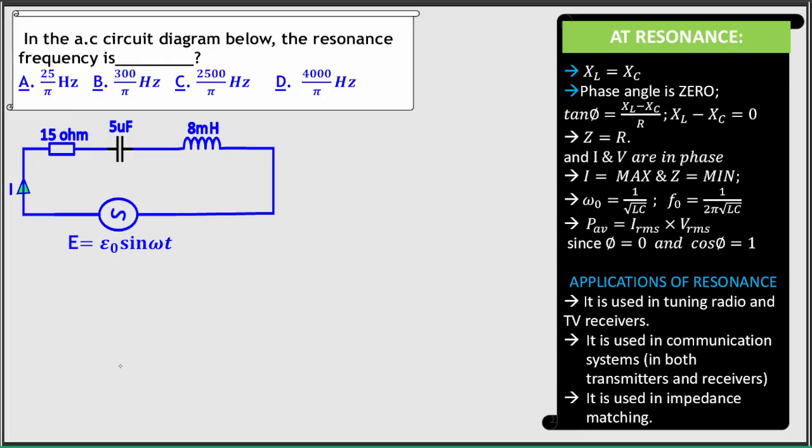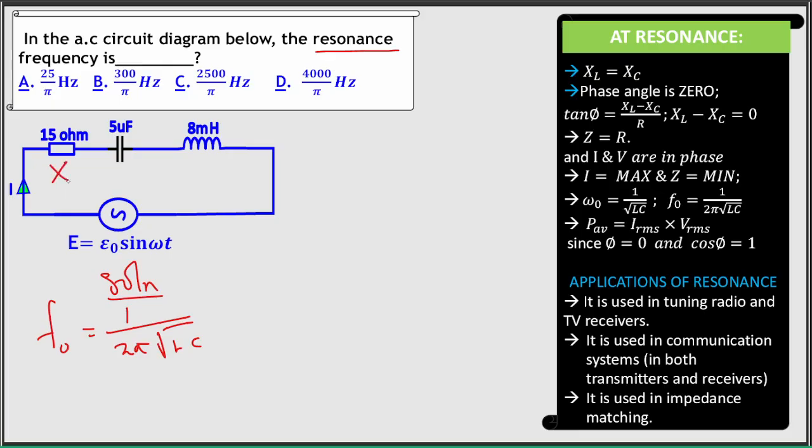Okay, finally, this is where we are going to bring this to a halt. Solution. This question says we should find the resonance frequency. Now, just record the formula. F naught is equal to 1 over 2 pi root LC. Is that okay? Now, we just plug in the values we have.